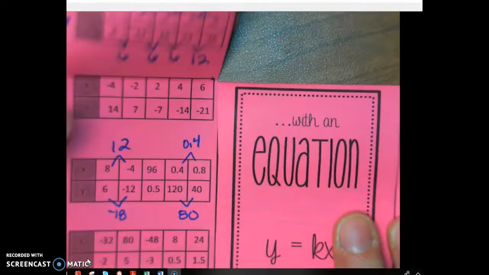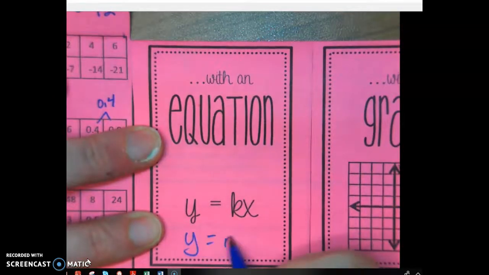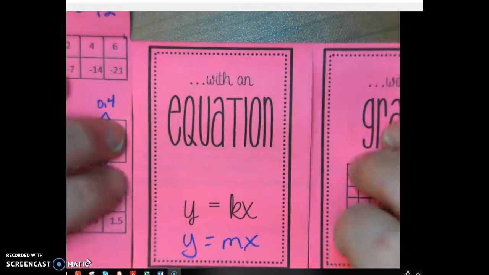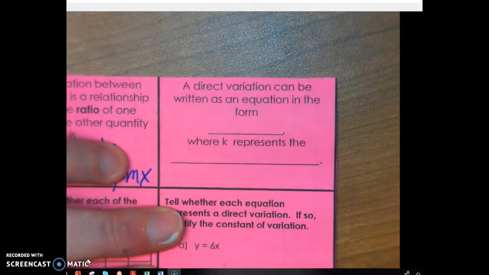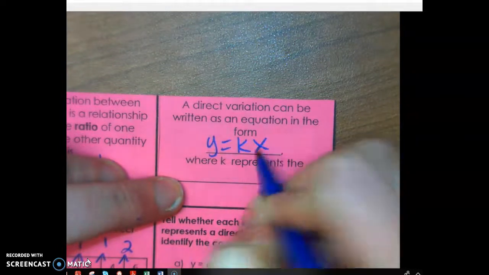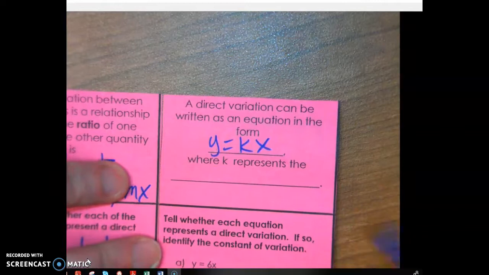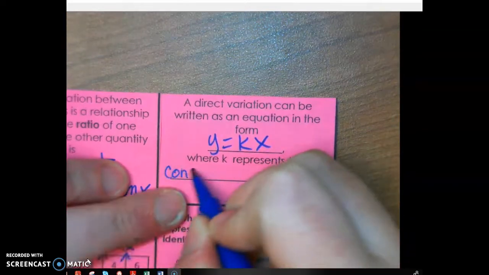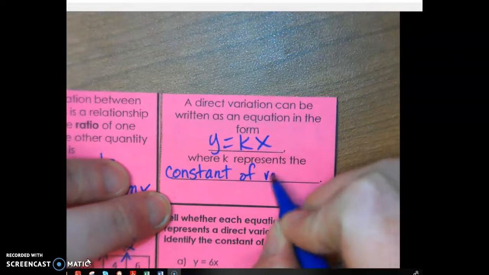With an equation, here is y equals kx. We can write y equals mx if you like. Direct variation can be written as an equation in the form y equals kx, where k represents the constant of variation.